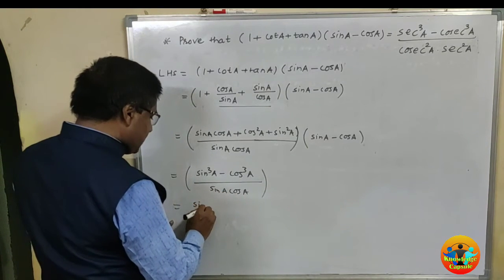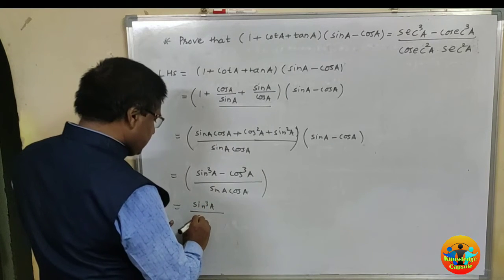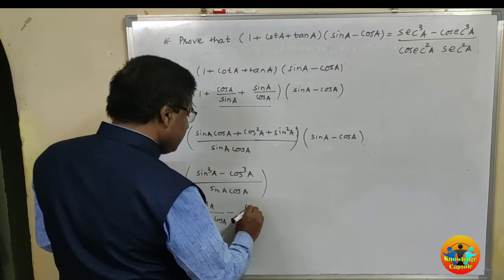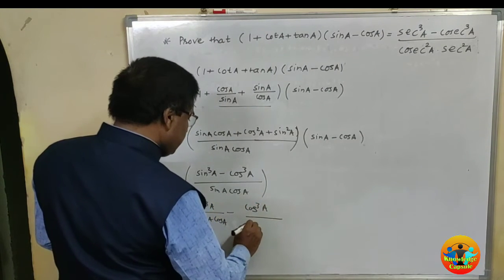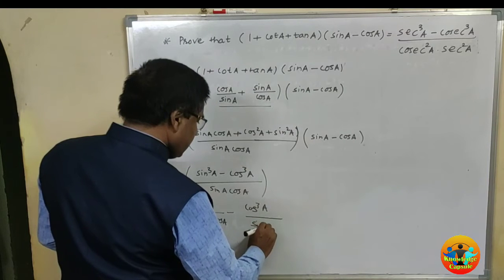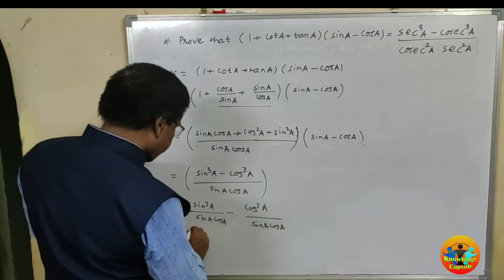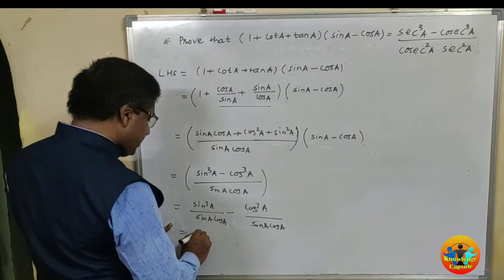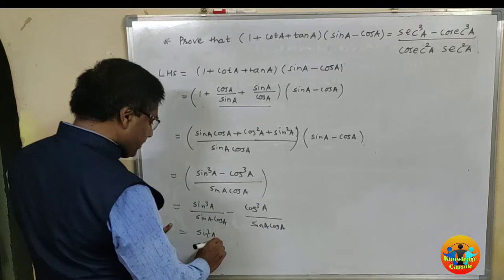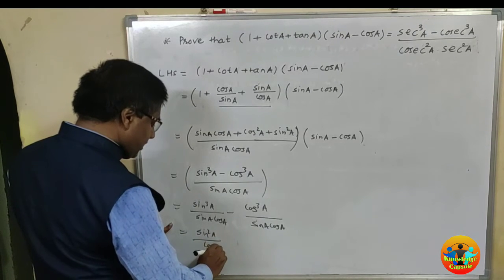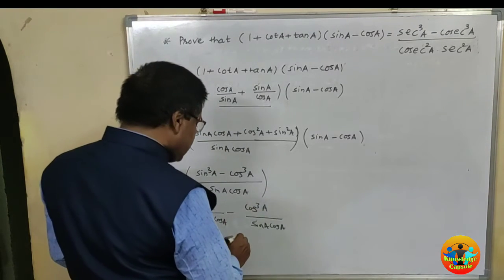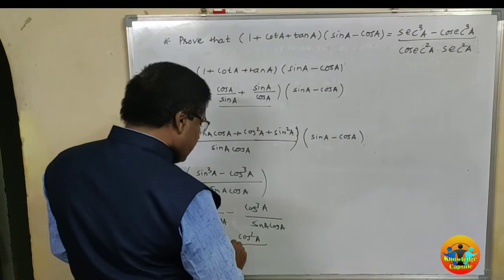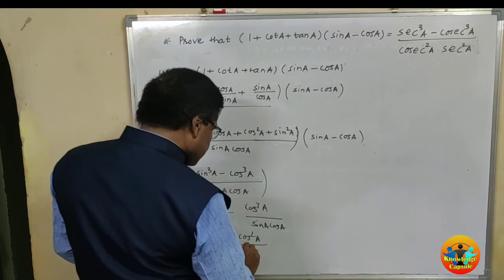It is sin cube A upon sin A cos A minus cos cube A upon sin A cos A. One sin A will get cancelled. It will be sin square A upon cos A, and here one cos A will get cancelled. That will be cos square A upon sin A.